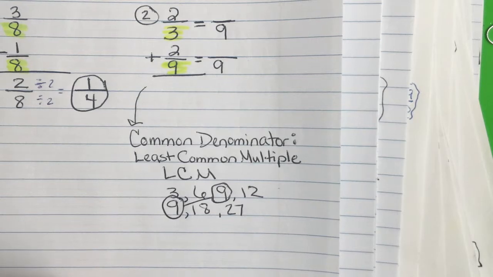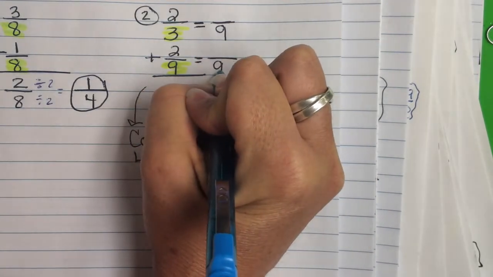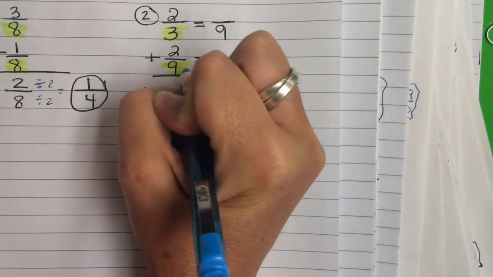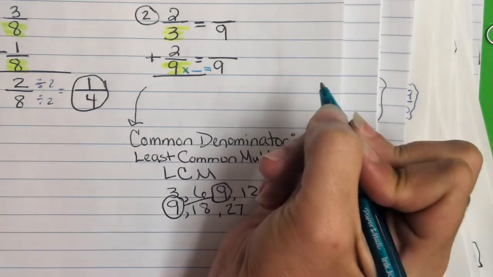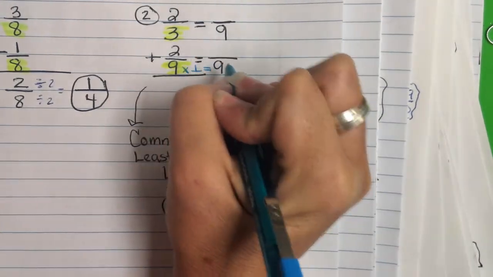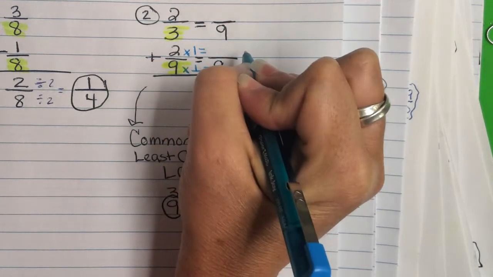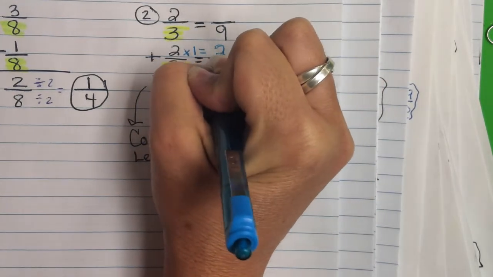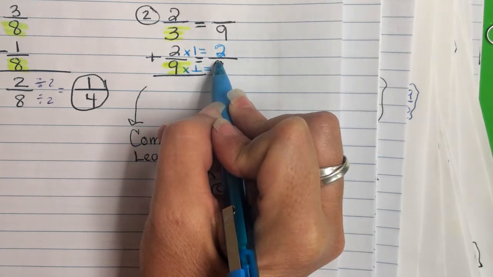The bottom one won't. But look at this. Go across. This is what my brain does. 9 times what equals 9? 1. 2 times 1 equals 2. That's how I get my numerator on the bottom.